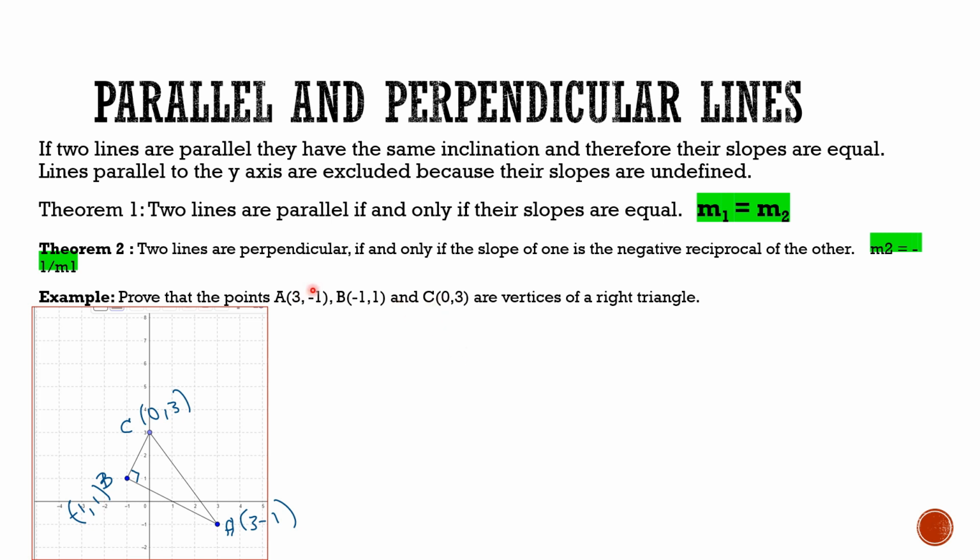Kahit magkabaliktad yung pagpasok mo ng coordinates, pareho din ang lalabas, no? You try it yourself and you will still be arriving at negative 1/2 for AB and positive 2 for BC, no? So, I hope that will erase your worries.